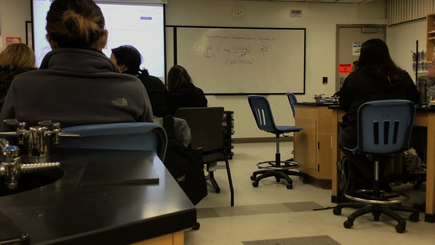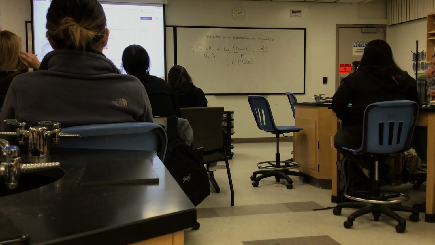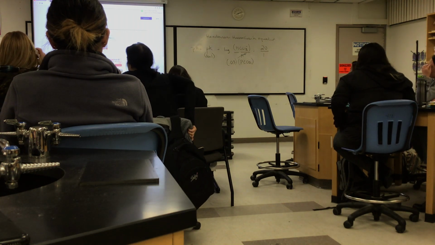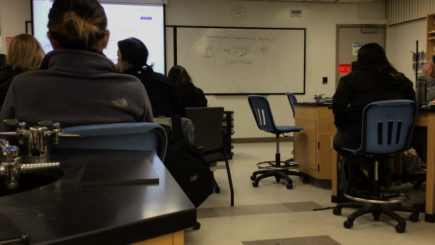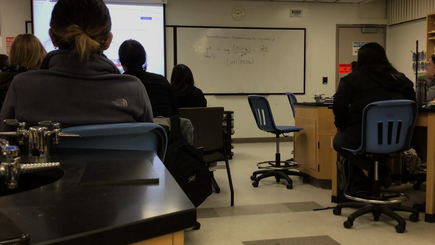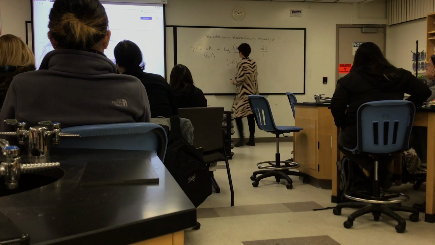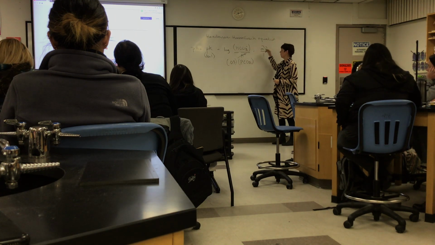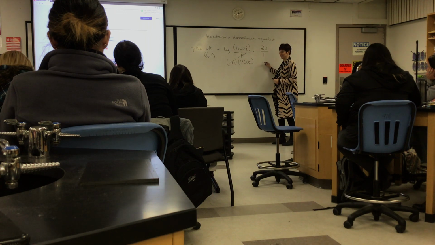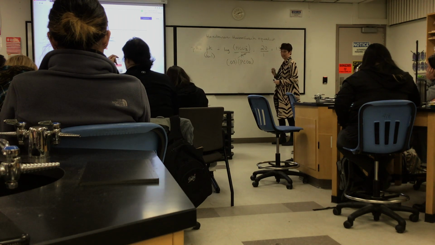I have it on log, and I'm going to put in 20. 20 divided by 1 is 20, right? It comes out to 1.3. So when our ratio of bicarbonate ions to carbon dioxide is 20 to 1, the log of that value is 1.3.